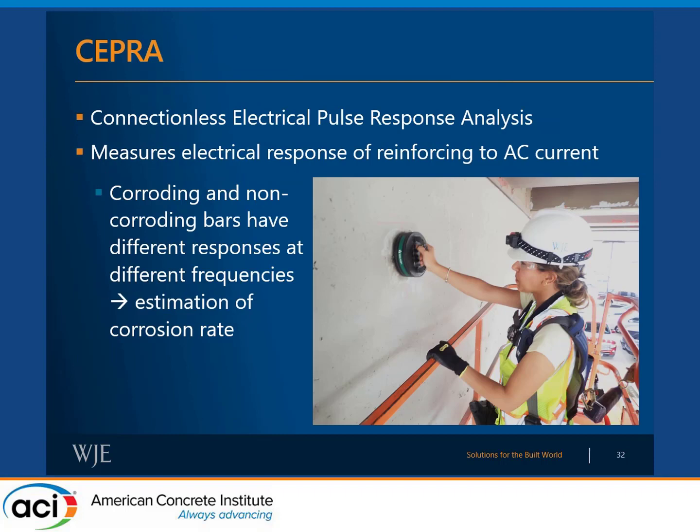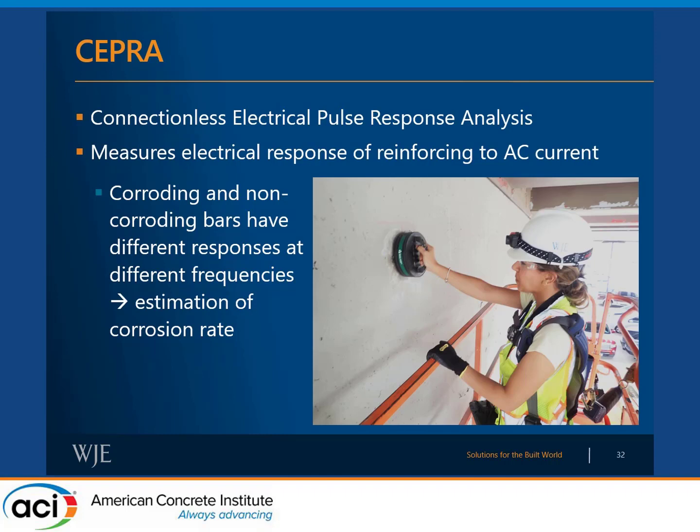Similar to surface resistivity is the CEPRA technique. Just like surface resistivity, it applies current through the two outer probes and measures a voltage response on the inside. Unlike resistivity, the way that this works is it applies an alternating current signal and it varies the frequency.